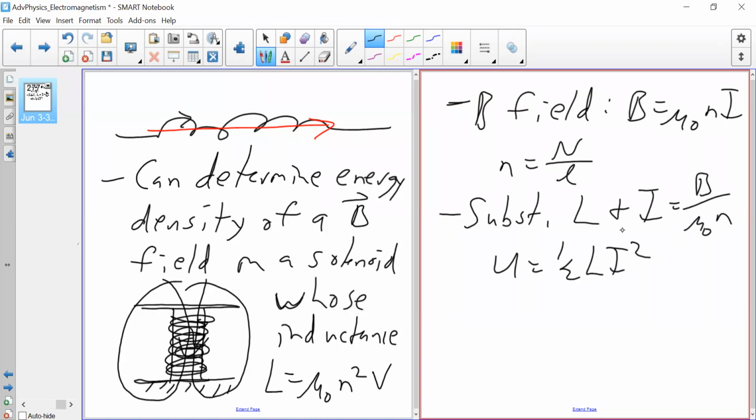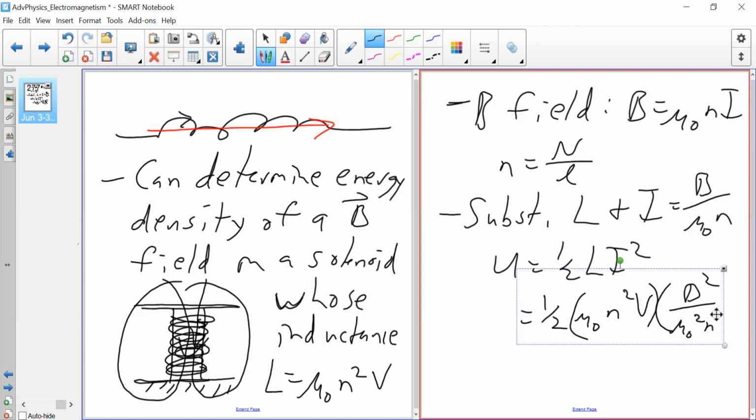One half Li squared. This just becomes mu naught n squared V, because that's L. And the I squared is B squared over mu naught squared n squared. The n squareds go away. One mu naught goes away.